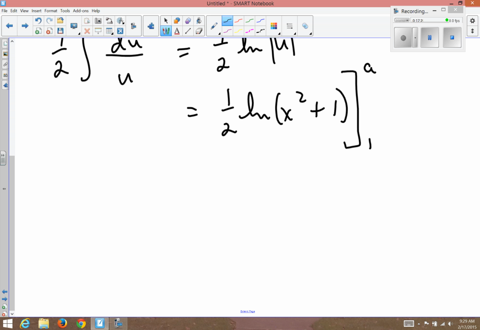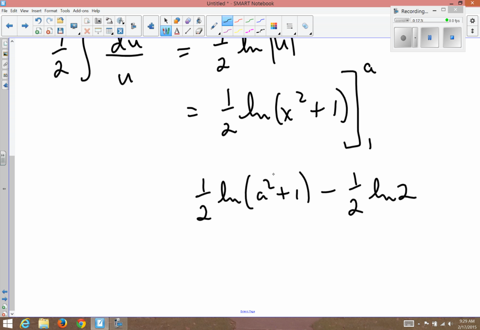Putting a in place of x, 1/2 the natural log of a squared plus 1, minus, and now putting the 1 in place of x, 1 squared plus 1 is 2. And don't forget, improper integral means since a replaced infinity, you need in front of this the limit as a approaches infinity. And if you square infinity and add 1 and then take the natural log of that and then take half of that, you'll still get infinity.